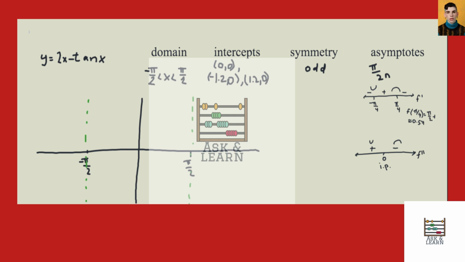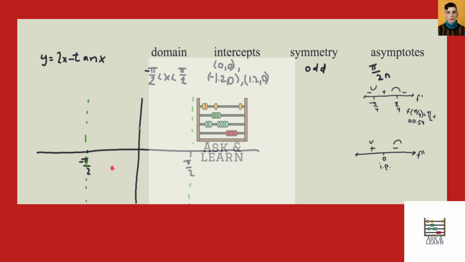And now we have a minimum value here at negative pi over 4. So if this is pi over 2, in the middle is going to be negative pi over 4. So let's say it's somewhere down here, and I know it's somewhere down here because we do know the y value for the max, which is, so pi over 4, and the y value is about 0.57.